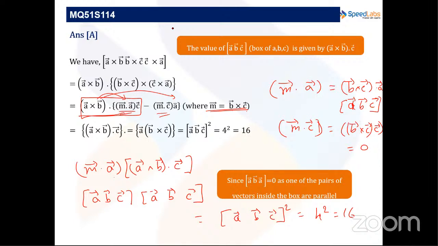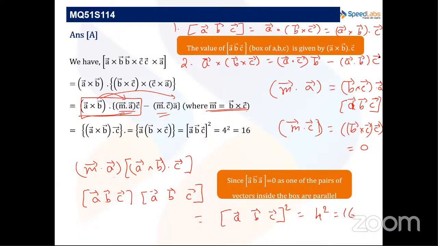For the scalar triple product, if we have A, B, C, that represents A dot B cross C, or you can write it as A cross B dot C. And for the vector triple product, A cross B cross C, if you have it, then it is called a vector triple product, and it is equal to A dot C vector B minus A dot B vector C. So these are the two concepts we have applied.